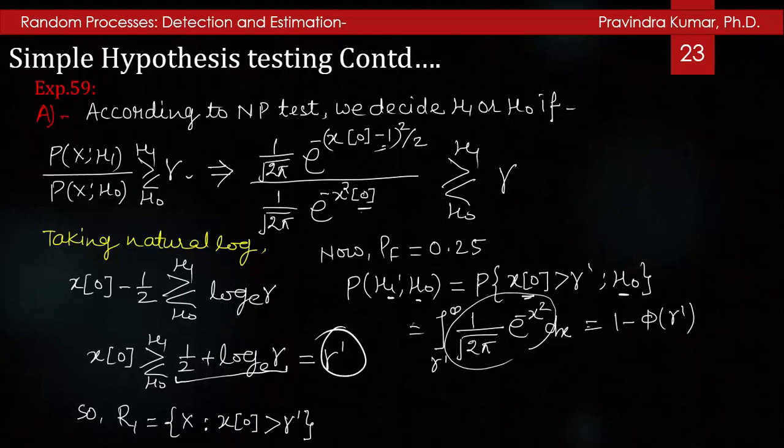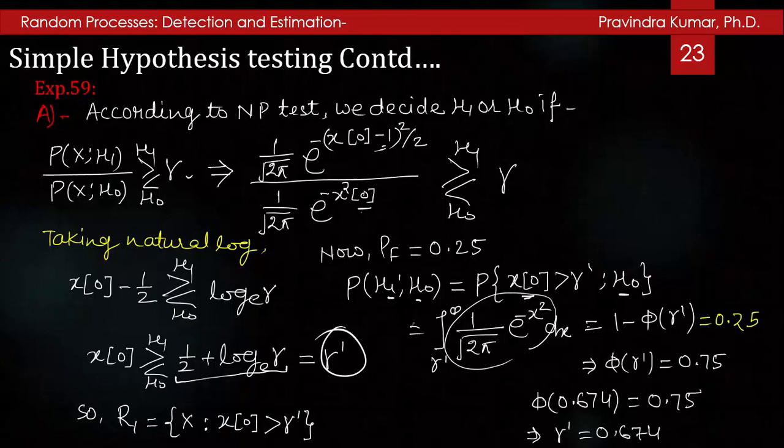After integration you will get 1 minus the cumulative distribution function, 1 minus phi of gamma dash, and this is equal to 0.25, so phi of gamma dash will be 0.75. From the table you can find for which value this cumulative distribution function has the value 0.75, and it is 0.674. So gamma dash here is 0.674.